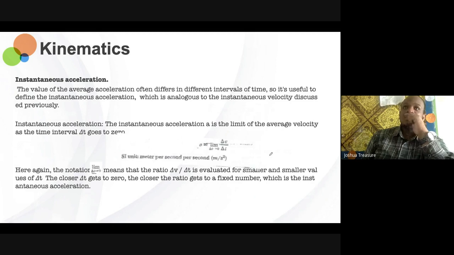And what did we say instantaneous velocity is again? So what does instantaneous mean?